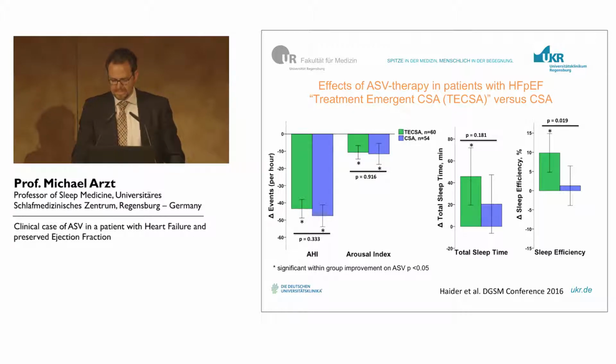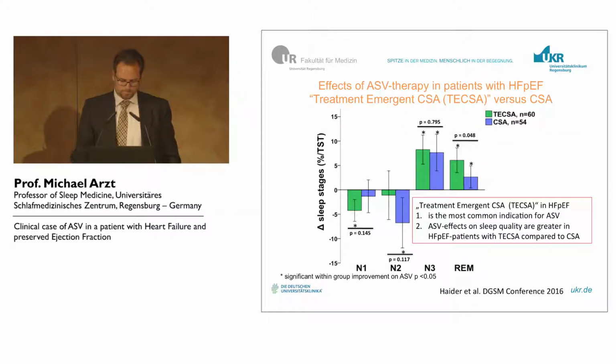The differences begin here. So the gain in sleep time and the gain in sleep efficiency was obviously higher in those who started with obstructive sleep apnea. And so with sleep efficiency, we have a clear significant difference, a 10% gain in sleep efficiency, which is huge in the TE CSA group, and no major change in the CSA group.